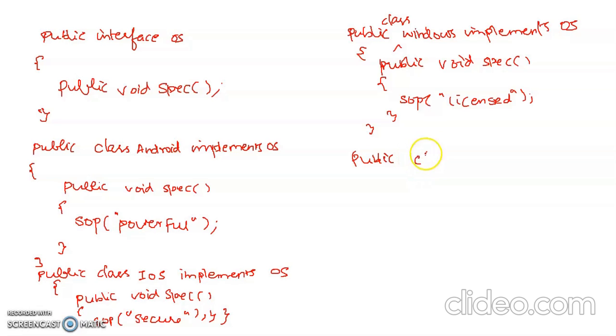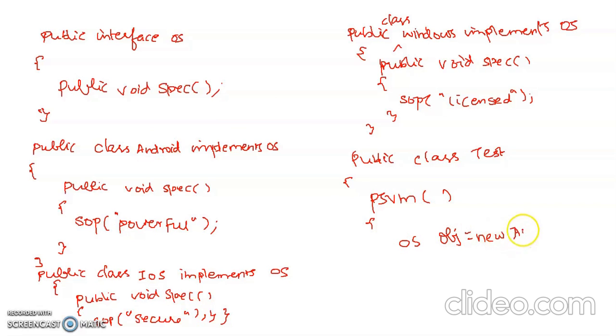So my class name is Test, public static void main of String args. How can we execute this? We have to create an object for OS with new Android, then os.specification.